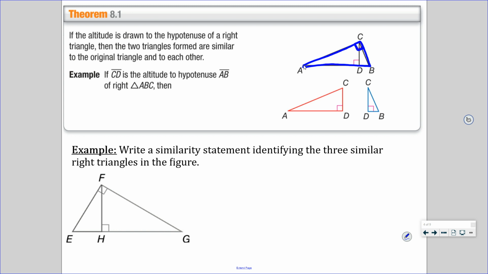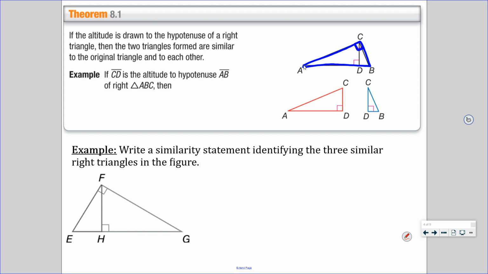What do we call this side? Hypotenuse. Good. Yep, hypotenuse is the side that's across from the 90-degree angle, okay? The hypotenuse. This theorem says if you draw an altitude, you know what that is? From a vertex perpendicular to the opposite side.